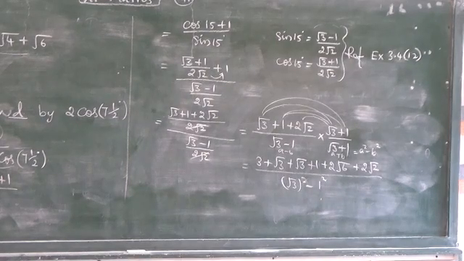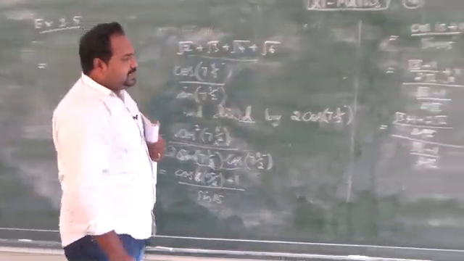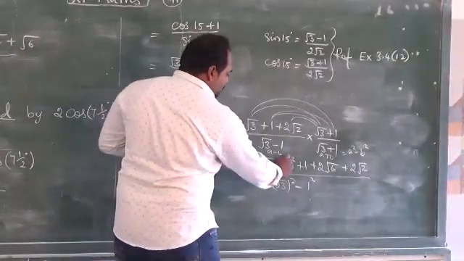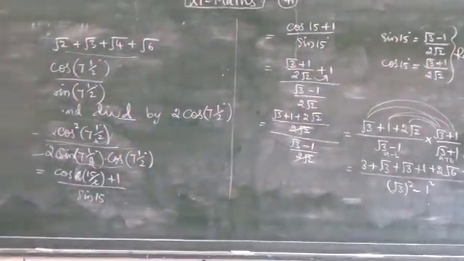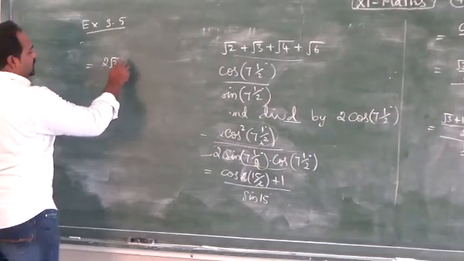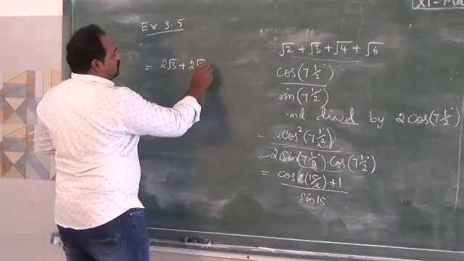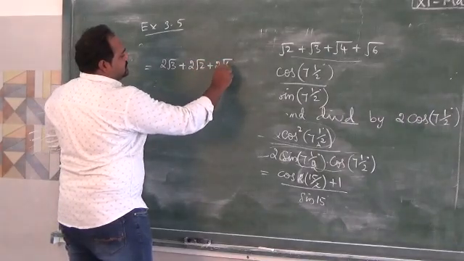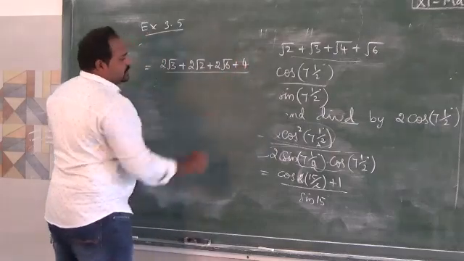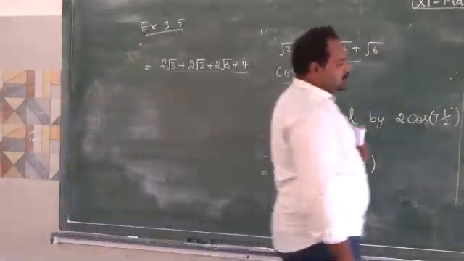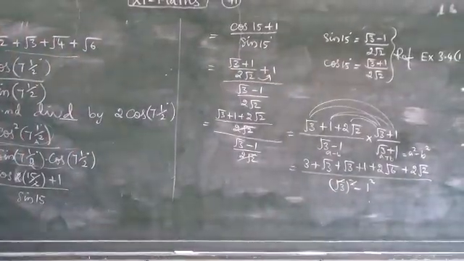Now in the numerator, what are the like terms we have here? Root 3 plus root 3 is 2 root 3, then 2 root 3 plus 2 root 2 plus 2 root 6, then 3 plus 1 we have 4 here. In the denominator, 3 minus 1.